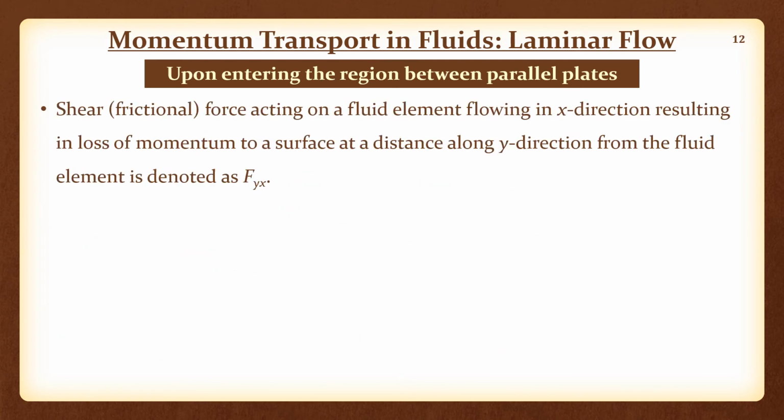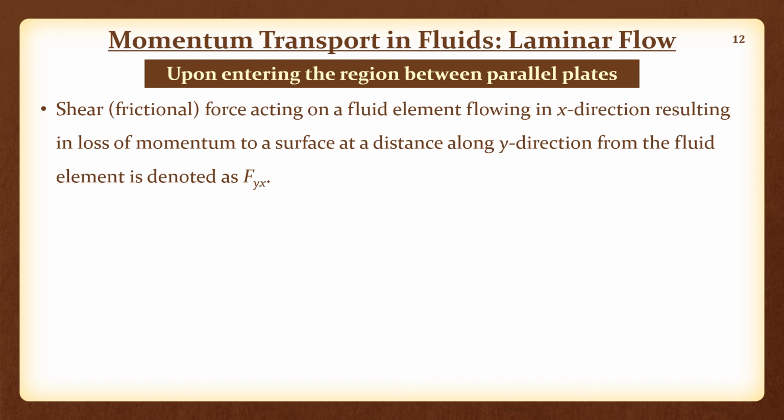Thus, as I mentioned, the shear or frictional force acting on a fluid element is now characterized by two directions. One direction is the direction of flow itself, and that is the x direction, and the other is the direction of loss of momentum to a surface which is present at some distance in the y direction away from this fluid particle.